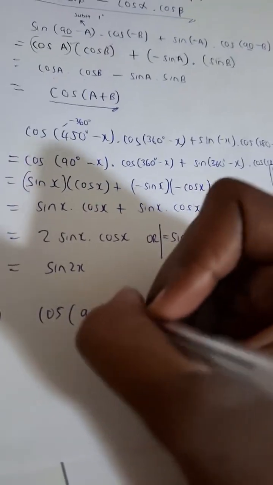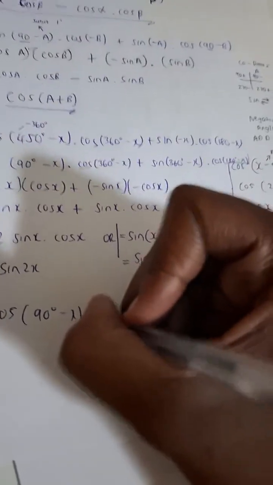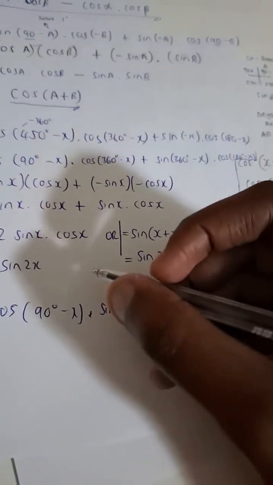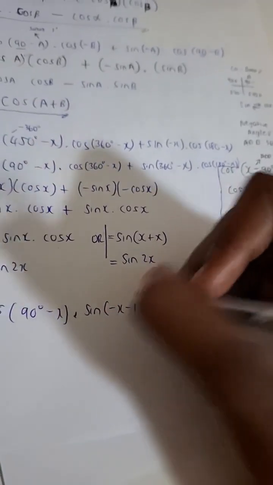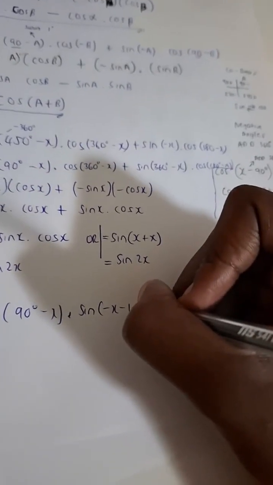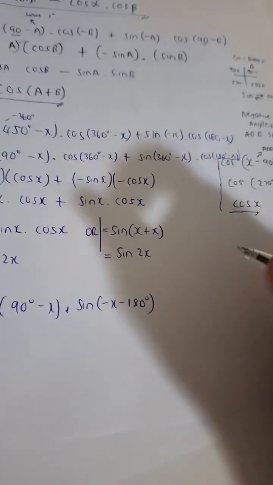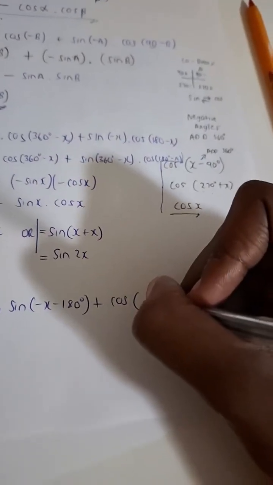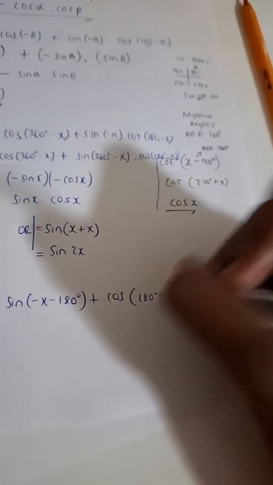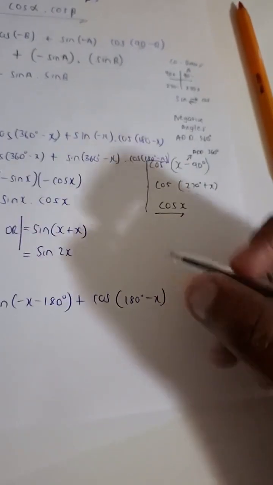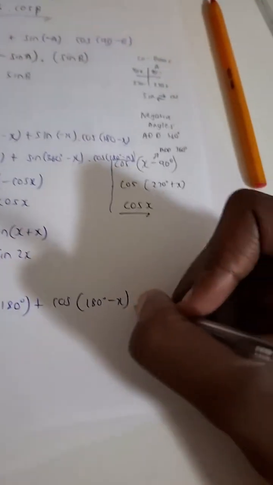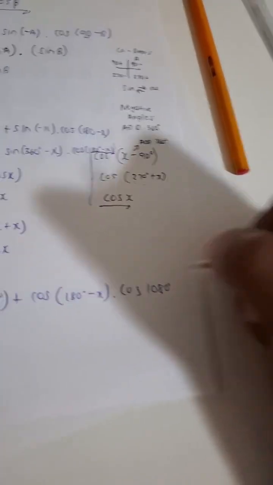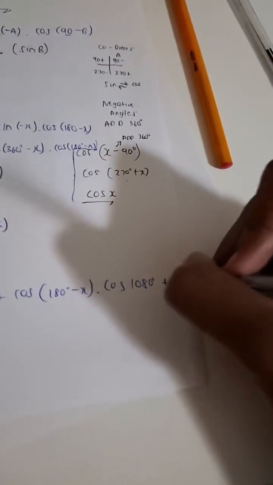Cos of 90 degrees minus x times sine of negative x minus 180 degrees, plus cos of 180 degrees minus x times cos of 1080 degrees plus x.